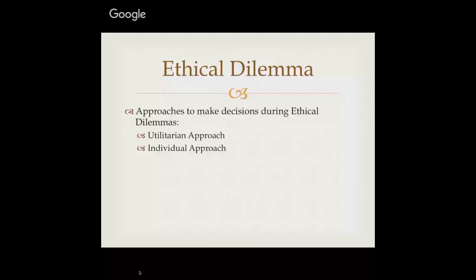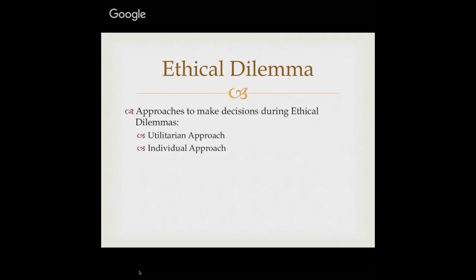The individual, to make a utilitarian decision, would say, well, you know, I might have to sacrifice these people.